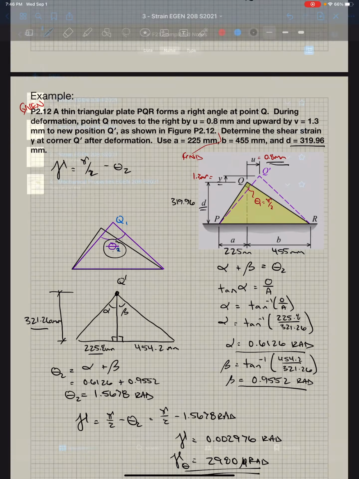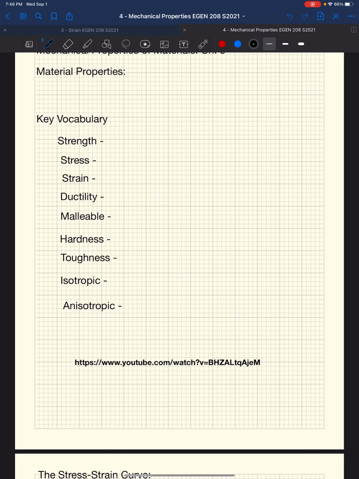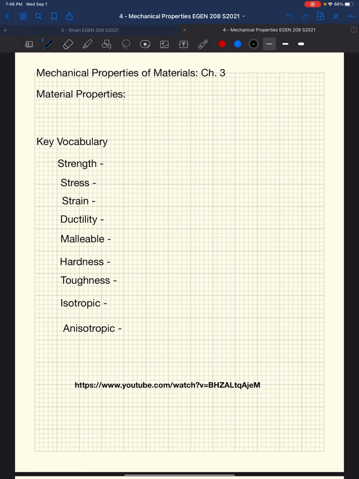We are going to start into mechanical properties. I'll pull up my notes here. I think this is one of my favorite chapters.